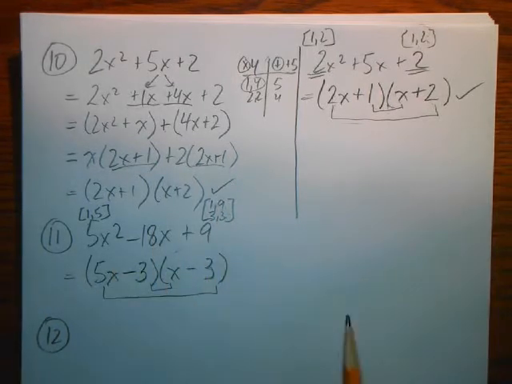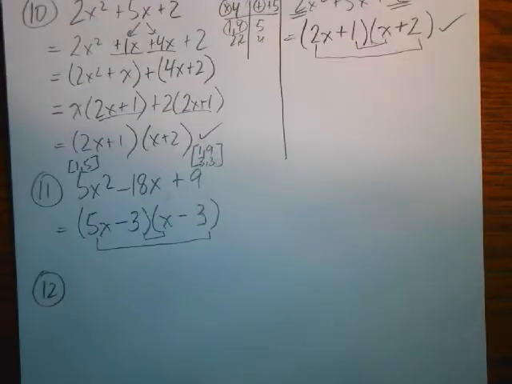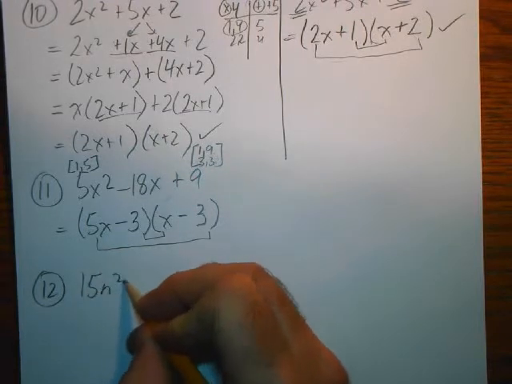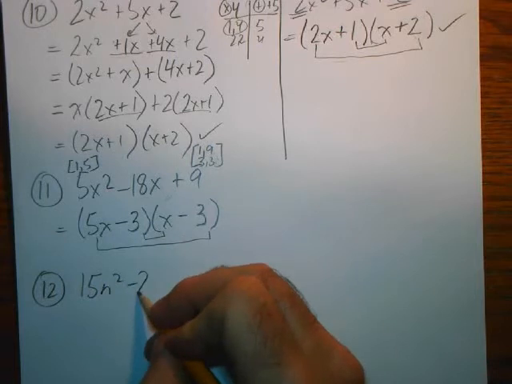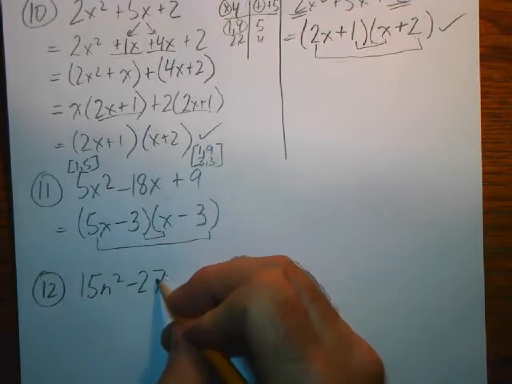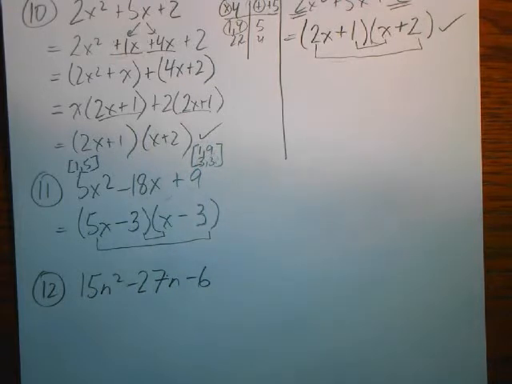Okay, let's do this one here. Change the variable to n. 27n minus 6. Okay, now the last couple of ones we kind of skipped that step of looking for a common factor, right?